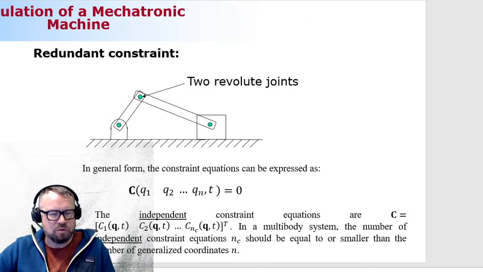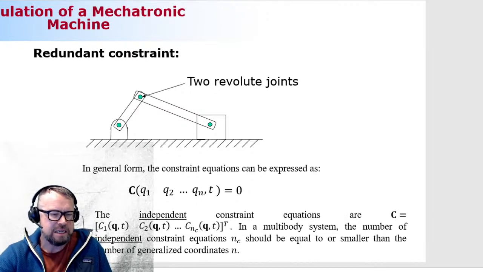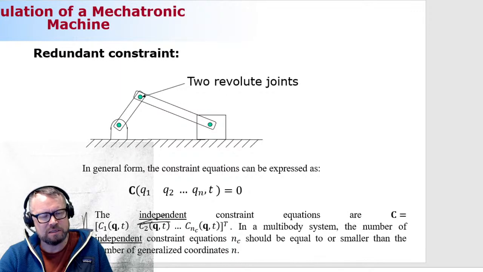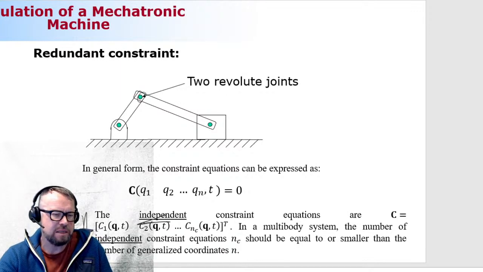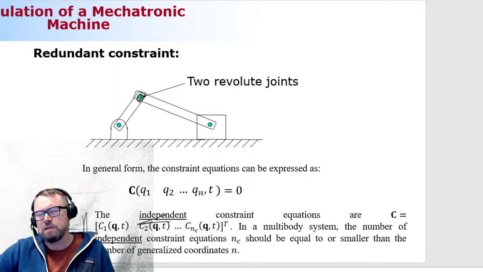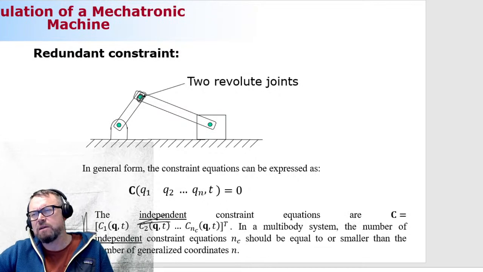Okay, so redundant constraint. This is, by the way, copy pasted from the lecture material. This says independent, which is pretty much what I just mentioned to you. Independent constraints. Now, a redundant constraint is not independent. It is the same case as having two revolute joints here. So they are dependent, so they are not independent constraints.